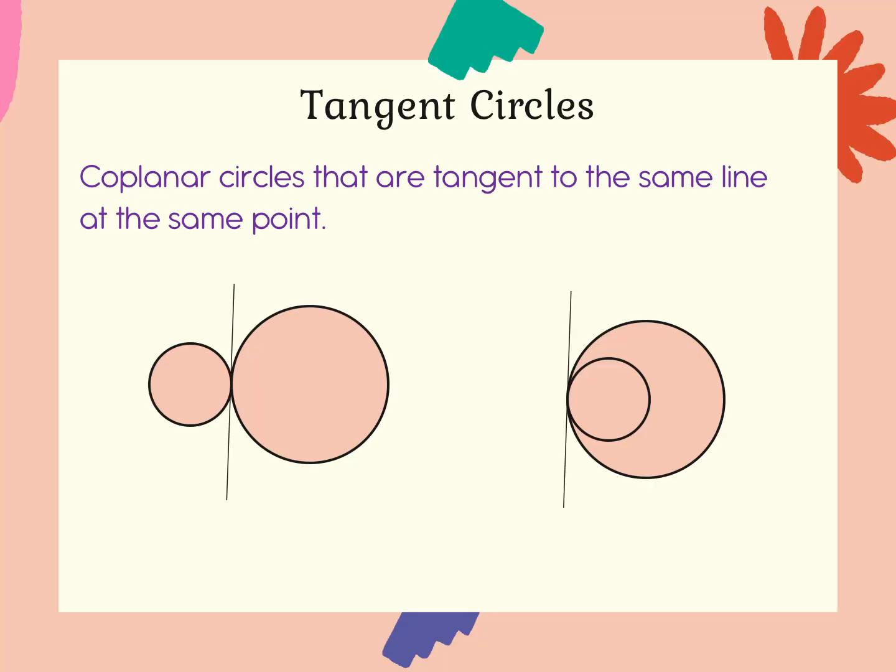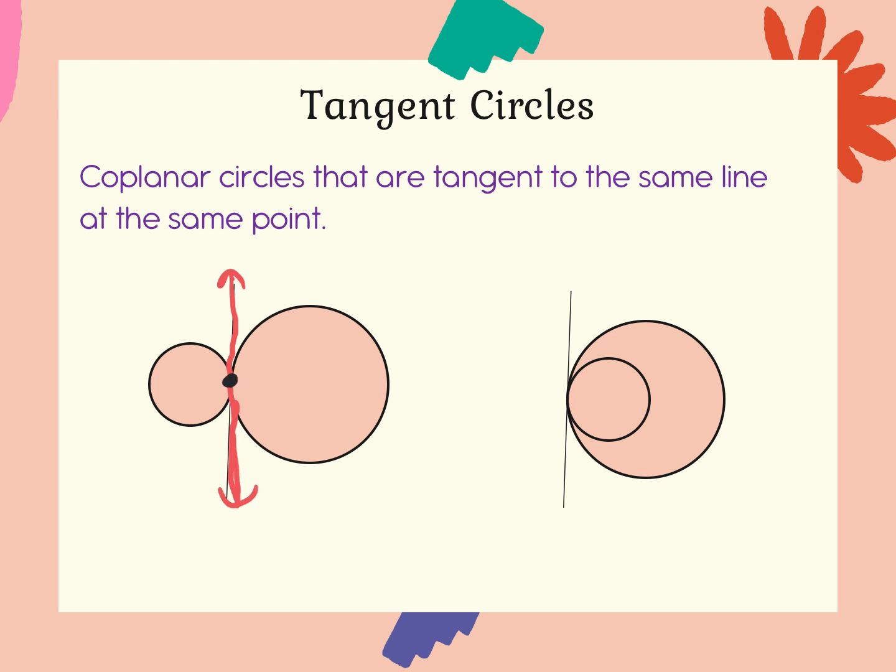Next is tangent circles. And these are coplanar circles that are tangent to the same line at the same point. So this one sort of looks like a snowman, but the line that's tangent to both is squeezing in between, and then the point of tangency is the same for both.